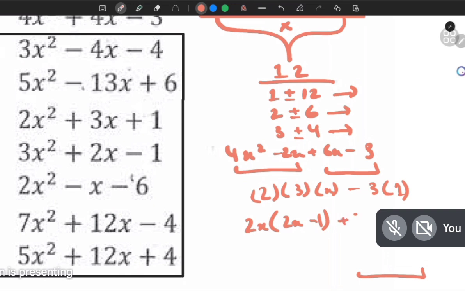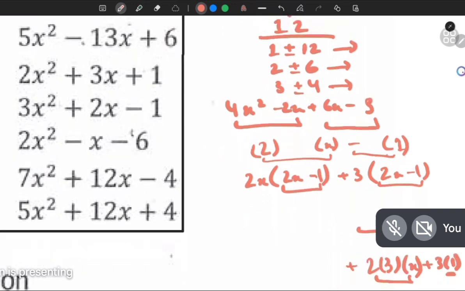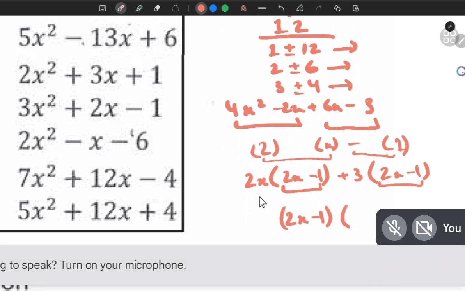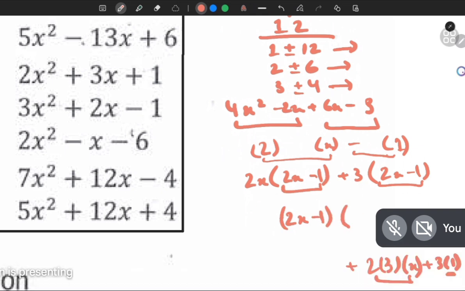Right. So we take plus 3 common, and what are we left with? 2x minus 1, right? Now we've got 2x minus 1 on both places. So if we take that common, what are we left with? 2x plus 3. Right, 2x plus 3.